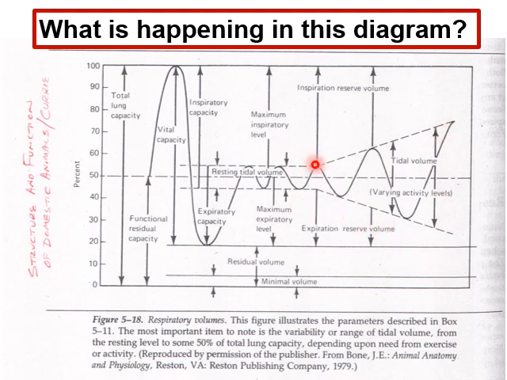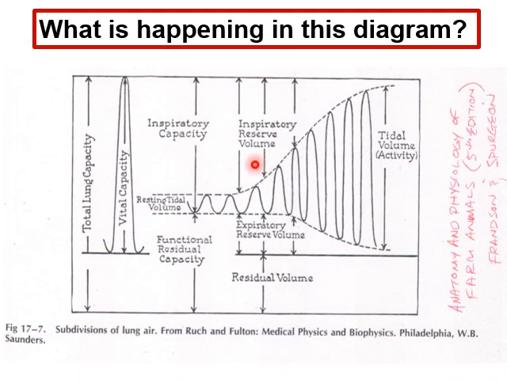So we start to exercise, we're going to expand and contract our lungs much more. I think the next diagram does that as well. Same thing, we've got the inspiratory reserve up here, the tidal volume, the expiratory reserve, and the residual volume down here.